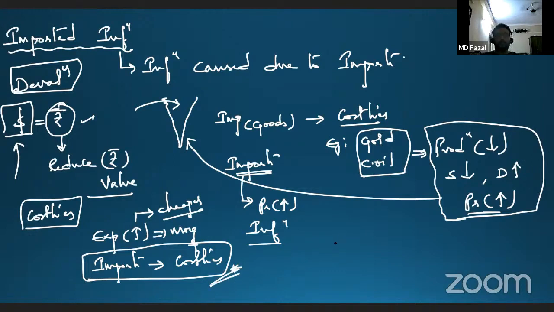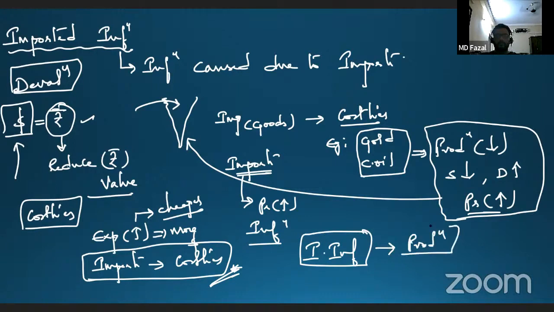So two options due to which imported inflation is generated. One, because of the imported goods, from whichever country you are importing, it definitely links to the production in that country. If the production is high or production is low, definitely it is going to impact the prices and it is creating the inflation.